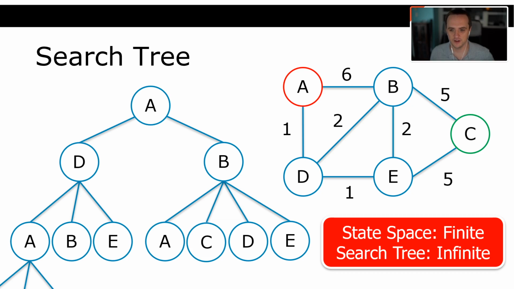Because there are infinitely many paths that we could take through this graph. We could go up, down, left, right, up, down, left, right, as many times as we want until we get to a solution, if we ever get to a solution, okay? So this over here is the search tree. This is the root node. It expands into child nodes, and we'll get into more of that in the future.